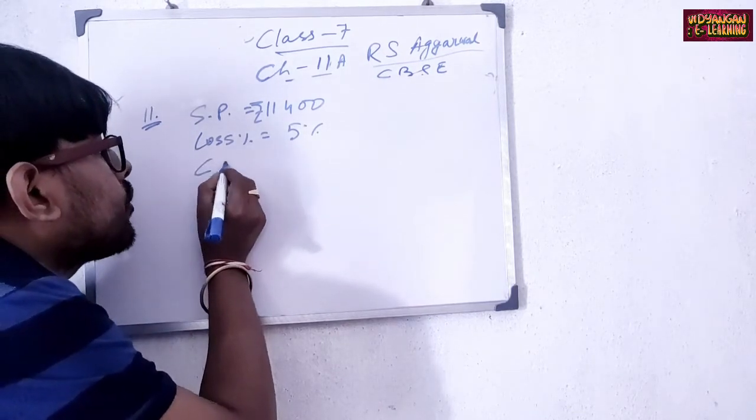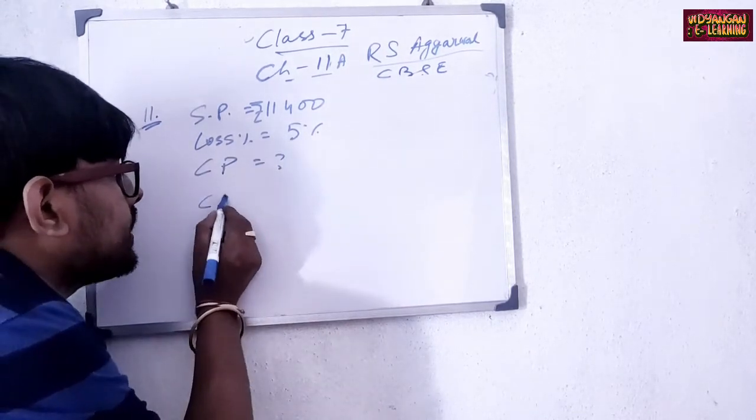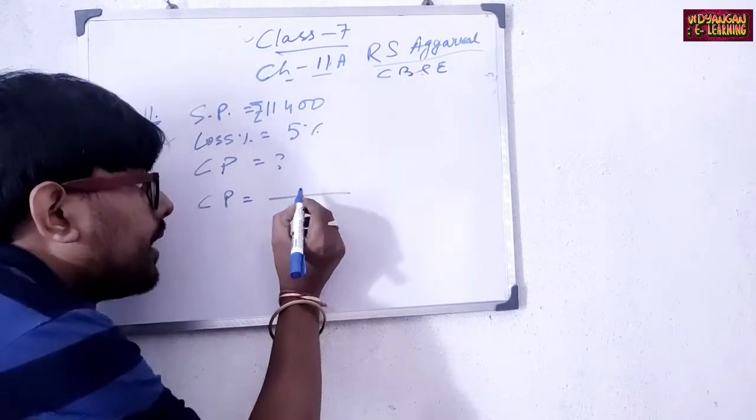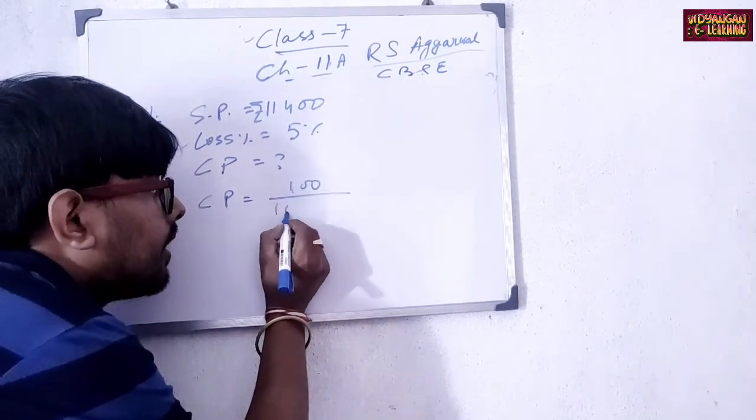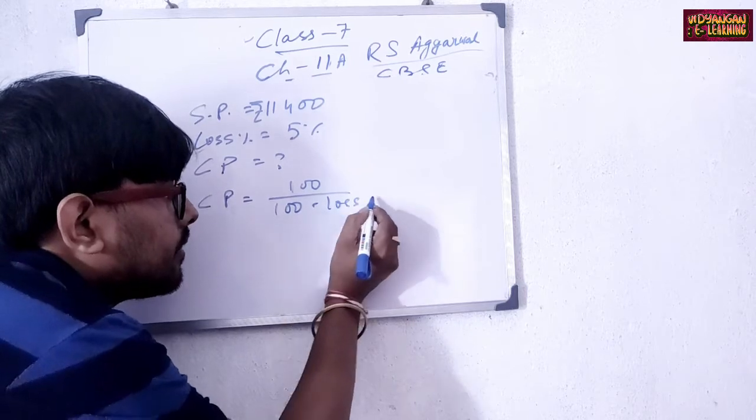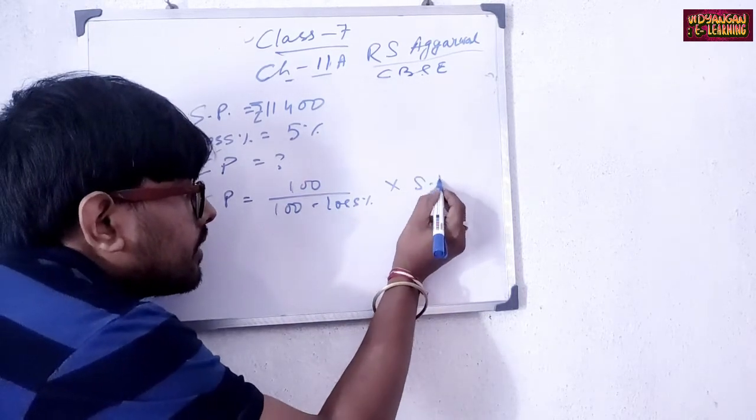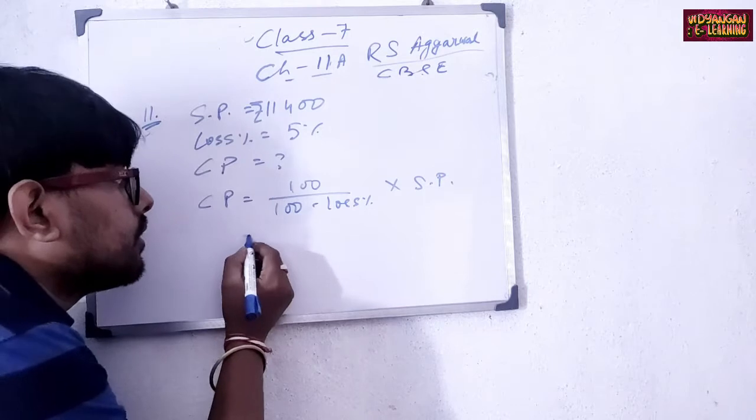So you have to find out the cost price. Cost price is equal to 100 by 100 minus loss percent, multiplied by selling price.